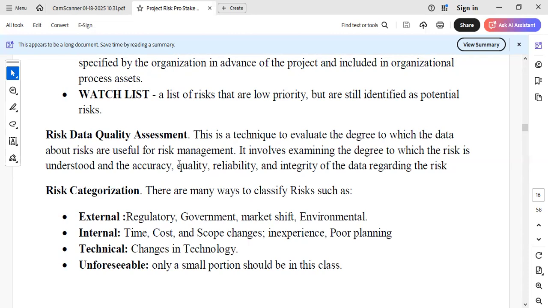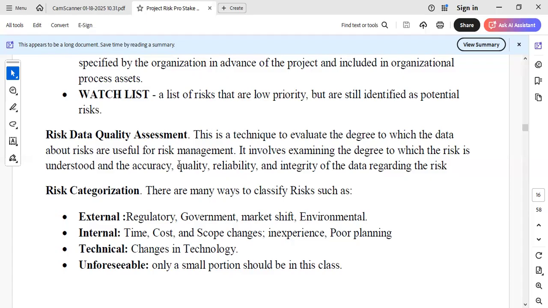Can we rely on it? Some workforces can give you some data about how to assess and manage those risks, but certain times they may not even help you. So that's why we need to understand the quality of those data.